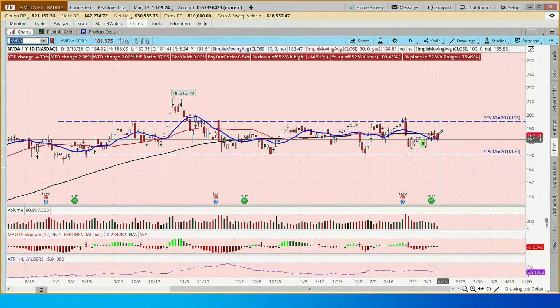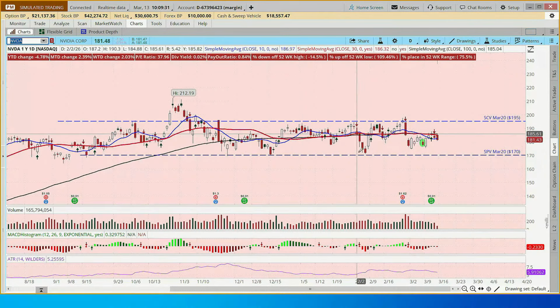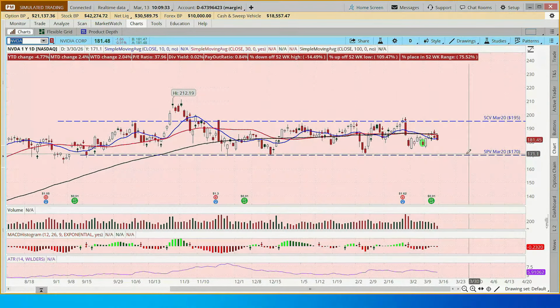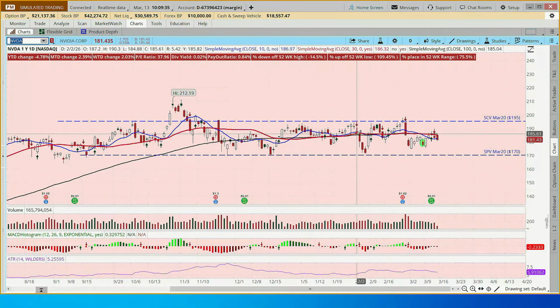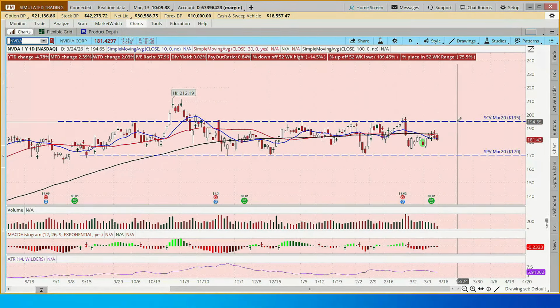We call this an iron condor. I also affectionately call it a credit spread sandwich because we don't want the mayo to ooze out between this slice of bread and this slice of bread. As long as Nvidia stays under 195 and above 170, we'll have a successful trade.